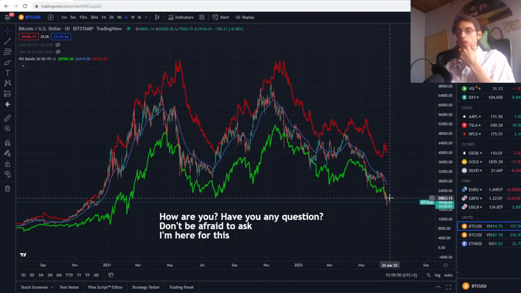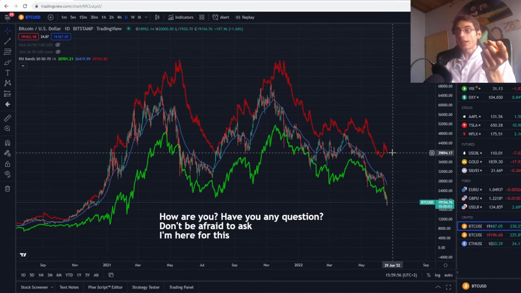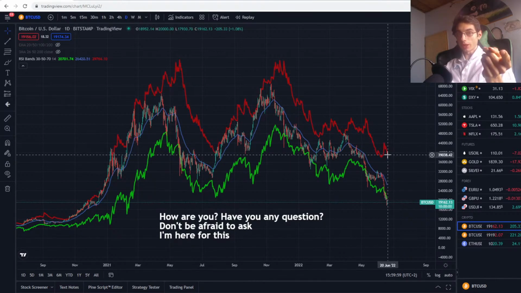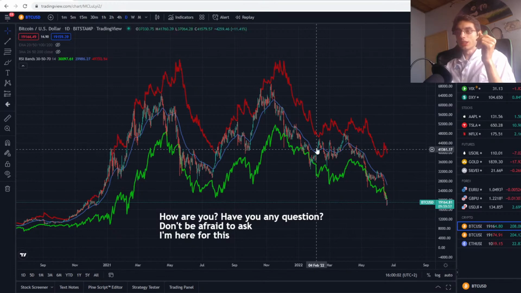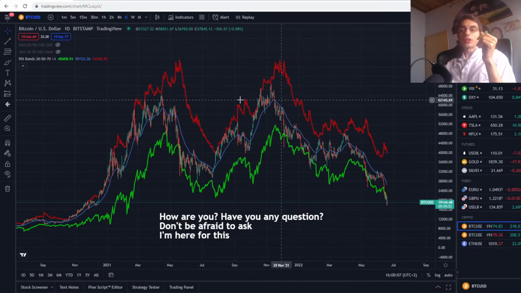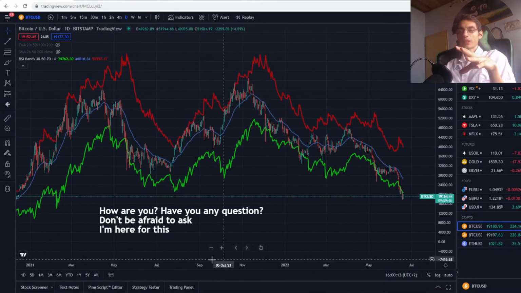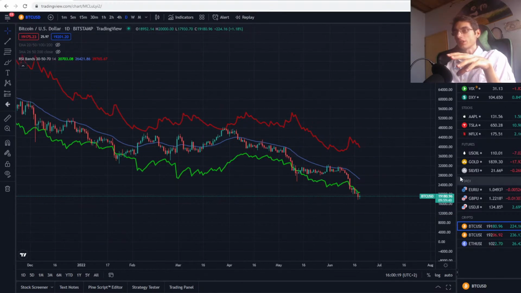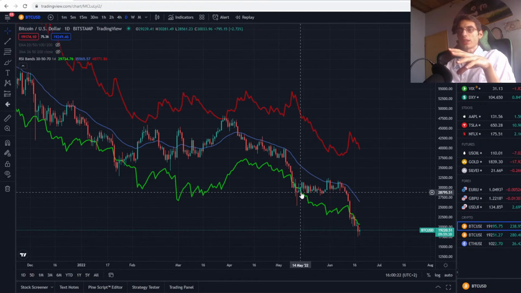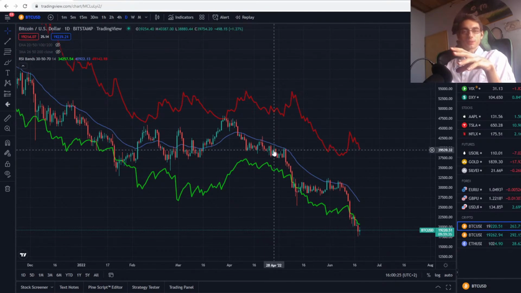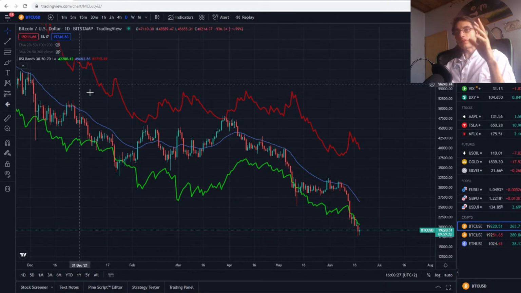The green line is the 30, the oversold level, and the red lines right here are the overbought levels. This in the middle is the middle RSI at 50 all over the chart. I think this indicator is useful to track RSI without having to watch an RSI indicator below, just watching the price where it can be any support or resistance. So this is one indicator I will use today.